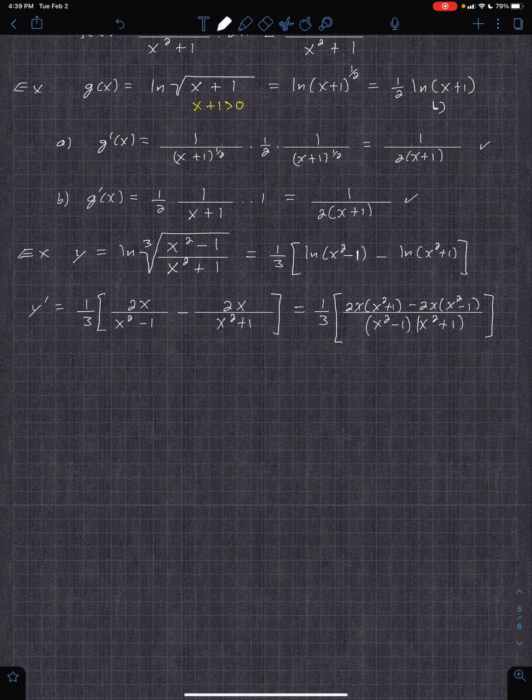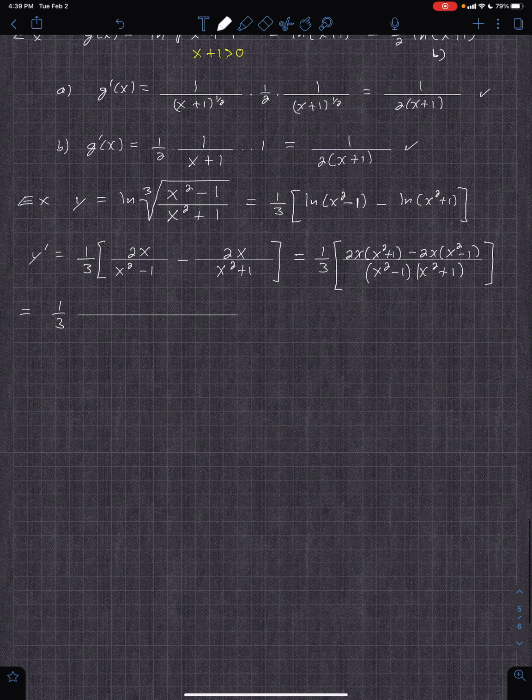Okay, simplify the top. So we get 1/3, and then the top. And I'll distribute and simplify a little bit, I think. No, it doesn't matter. So you get 2x cubed plus 2x minus 2x cubed plus 2x all over x squared minus 1, x squared plus 1.